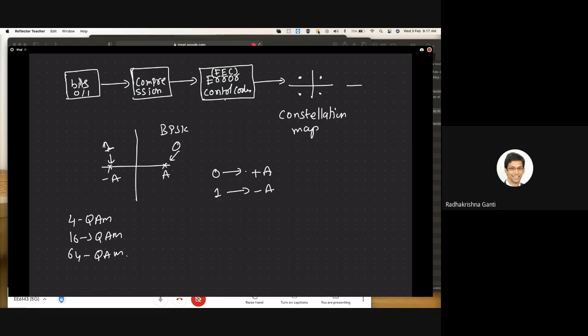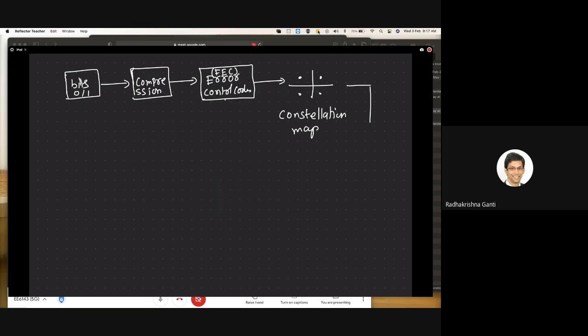So after constellation, let's also do 4 QAM. I want to tell you something else. If you look at 4 QAM, there are 4 points in the constellation.